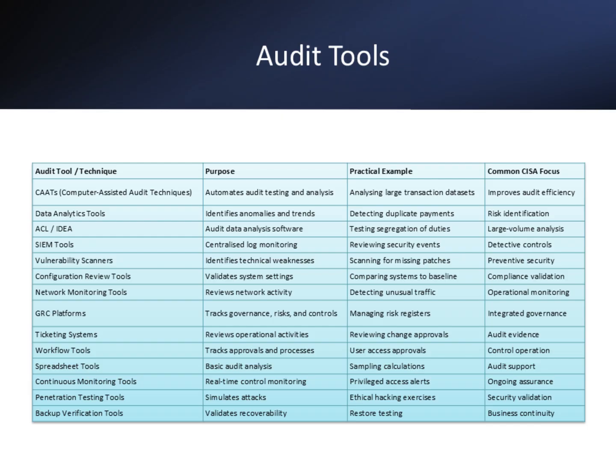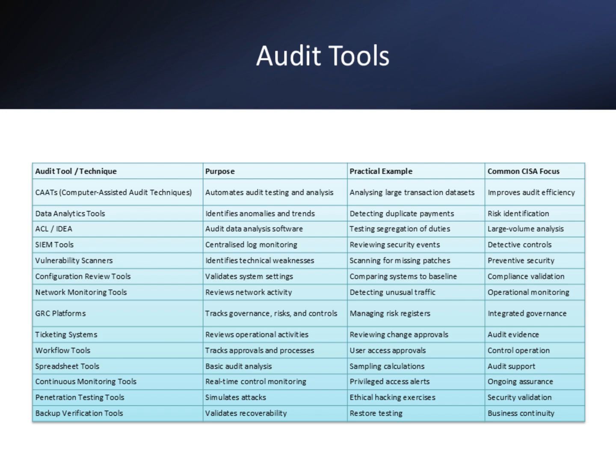These tools help auditors automate testing, analyze large datasets, monitor security events, validate configurations, and strengthen audit evidence. CAATs, or computer-assisted audit techniques, are commonly used to analyze high volumes of transactions efficiently and improve audit coverage.